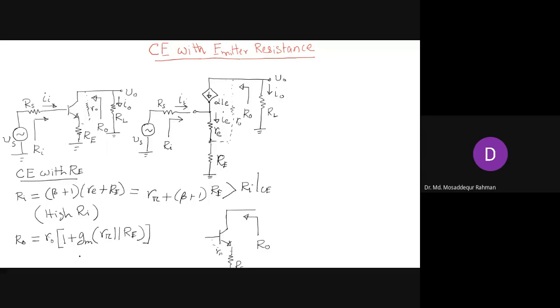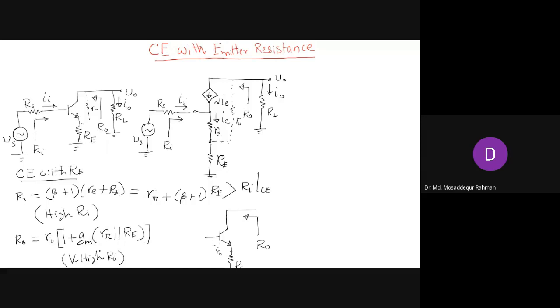and how to apply this in different circuit designs. So what conclusion can we draw from here? The common emitter with emitter resistance will have a very high output resistance, right? Very high. What is the output resistance for common emitter without this emitter resistance?